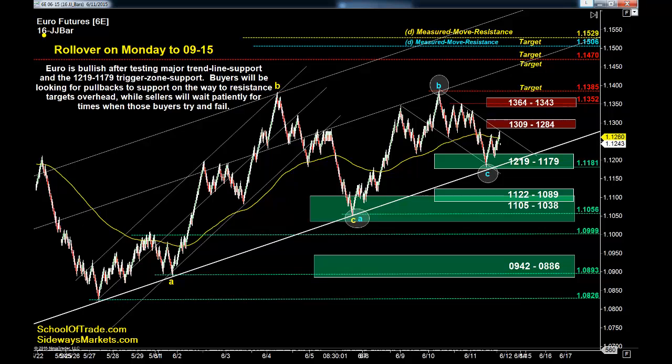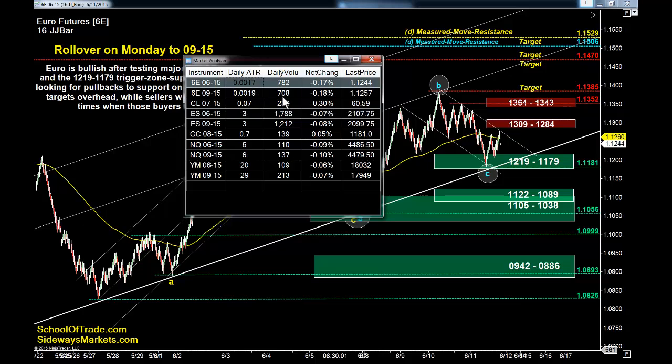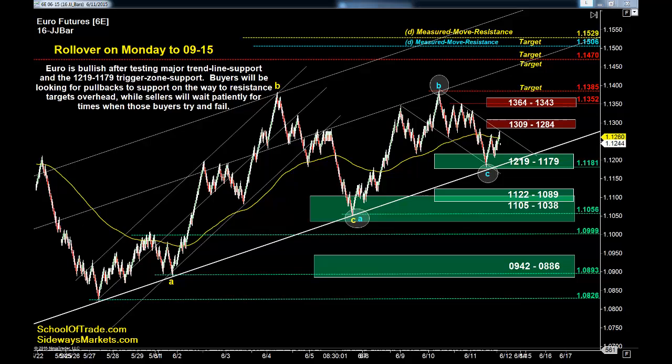Now, just a heads up, you're most likely going to see the Euro roll over on Monday. It's either going to be Monday or Tuesday. I would guess Monday. Tomorrow is the quote-unquote official rollover day, but remember, day traders, we look at volume. We don't look at the actual rollover date. If I look over here at the Euro right now, you can see volume resets past 6 p.m., but bottom line, we haven't rolled over yet.